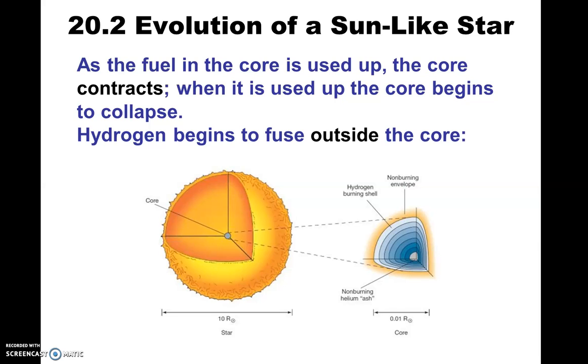All right, so let's see. What happens is, because there is hydrogen fuel outside of the core, the shell that's around the core will actually begin to fuse. It'll be hot enough, right? Because remember, contraction is volume getting smaller.